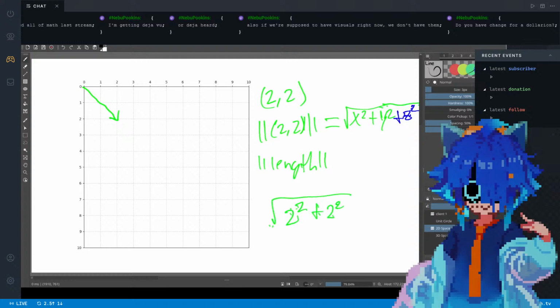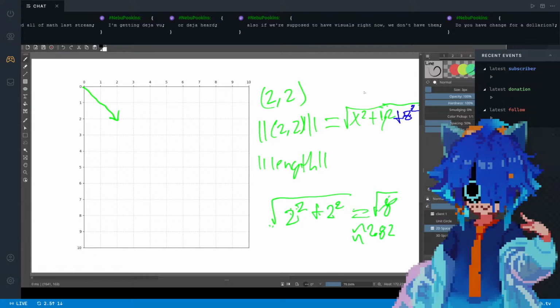The square root of that is the square root of 8, which is approximately equal to 2.82.